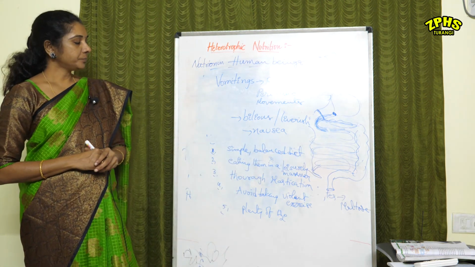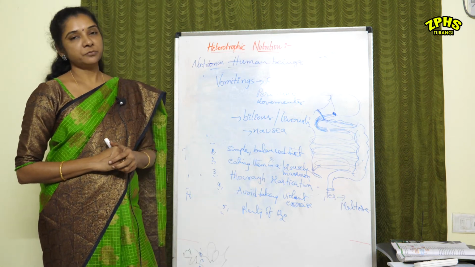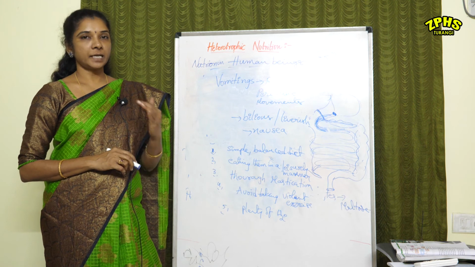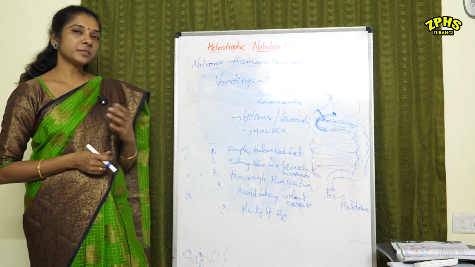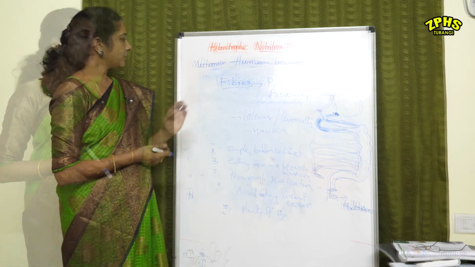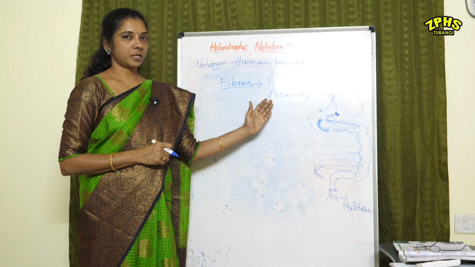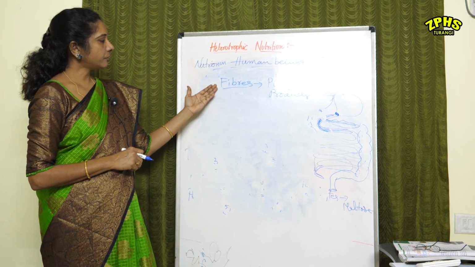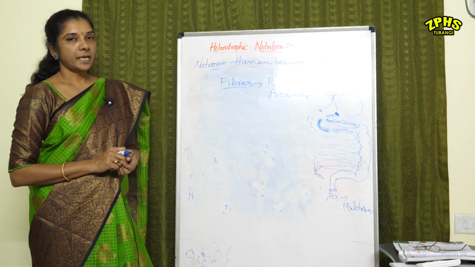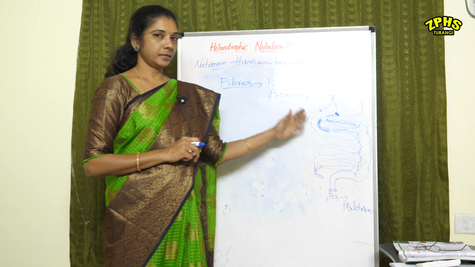In the same way, roughage, fiber-containing food, also helps the good health of the digestive system. In which food materials are fibers present? Mostly in plant products. If we take fiber-rich food, that avoids constipation and keeps our bowels clean and healthy.